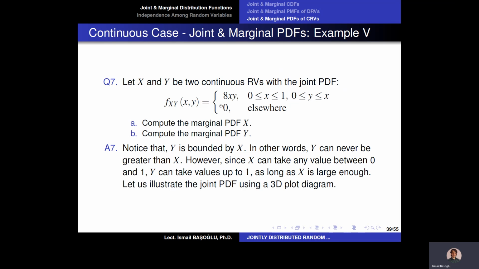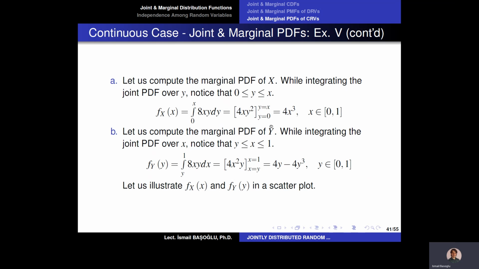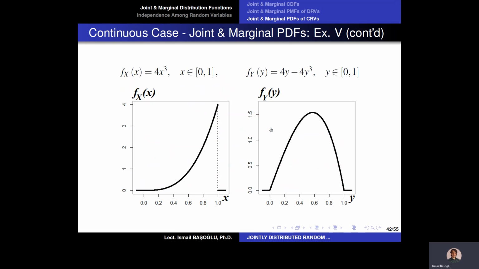Therefore, even though the contributions in the function are the same, the marginal PDFs will never be the same. Therefore, as a continuation of this question, if somebody asks you what is the expected value of random variable x or the expected value of random variable y, you need to answer them separately by calculating the expectations with respect to each marginal probability density function.